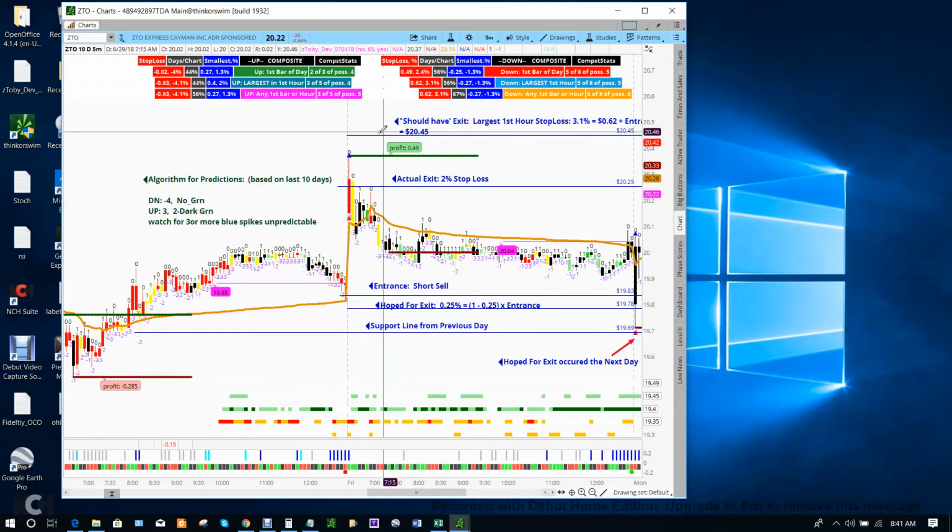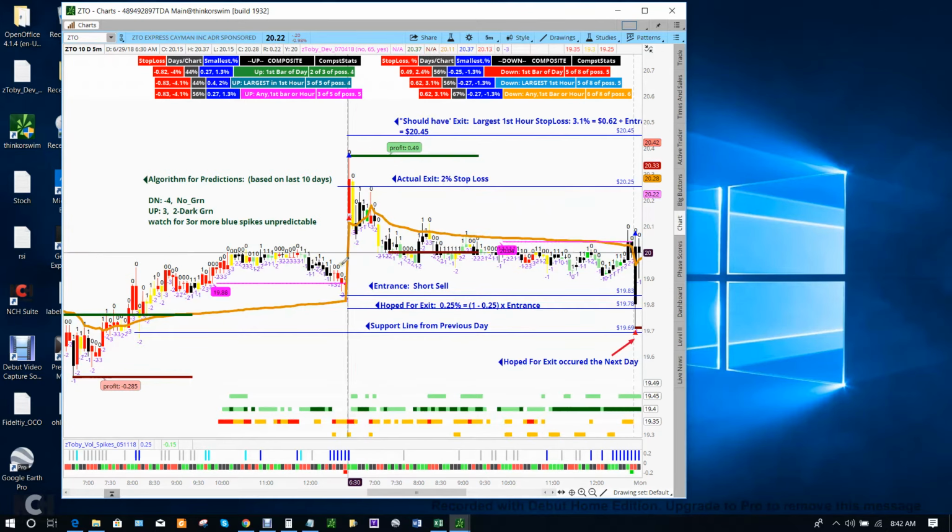In this case, this bar right here represents the real average stop loss for the stock over the last 10 days, and this is 3.1%. This data comes from this little table up here. Notice it says 2.4%, 3.1%, 3.1%. So you would use the 3.1% data to set your stop loss.